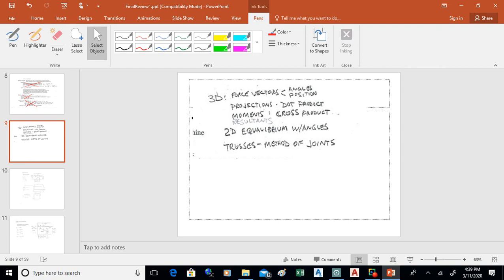A 3D problem of some type, nothing really intentionally tricky, but a moment or a projection or a resultant where you build vectors and do that, all right? And then a 2D equilibrium problem with a bit of trig in it, like what you had for number 2 on your midterm. And then a method of joints problem. Okay. So there you go.